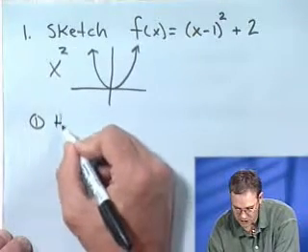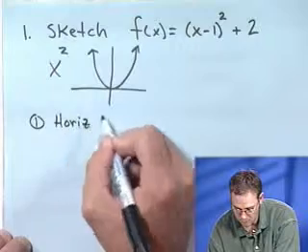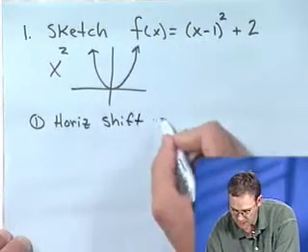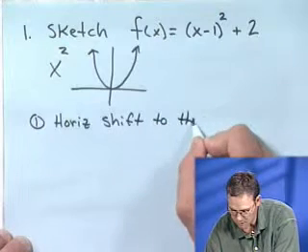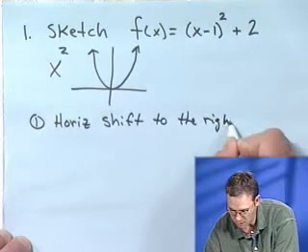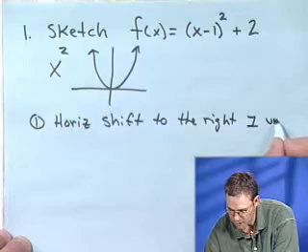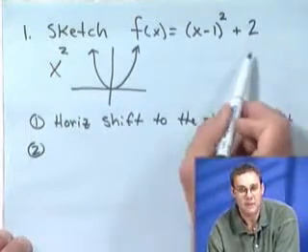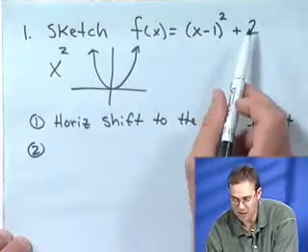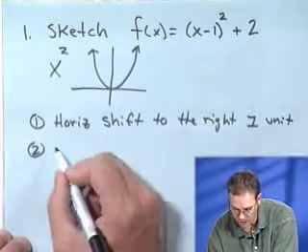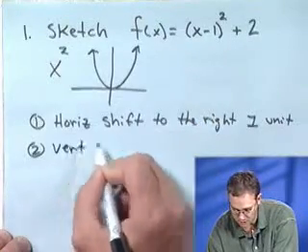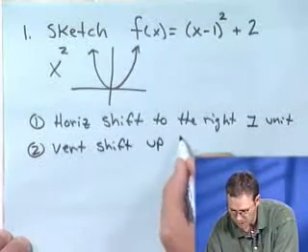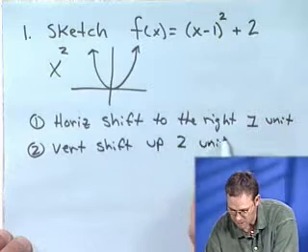I have a horizontal shift or translation to the right 1 unit. Okay? And when I tack on a number at the end of a function, I have to vertically shift it. In this case, I'll vertically shift it up 2 units.